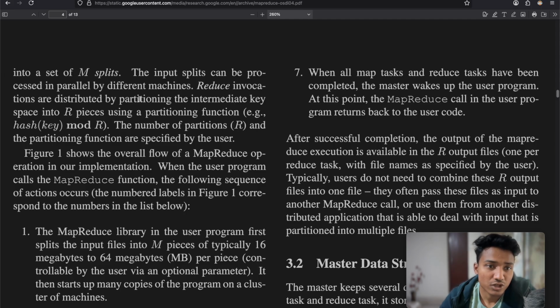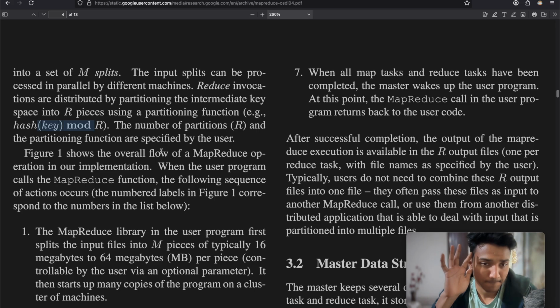The reduce invocations are distributed by partitioning the intermediate key into R pieces using a partitioning function, for example hash(key) mod R. The number of partitions and the partitioning function are specified by the user. Okay, so I think I understood a little bit, not all.